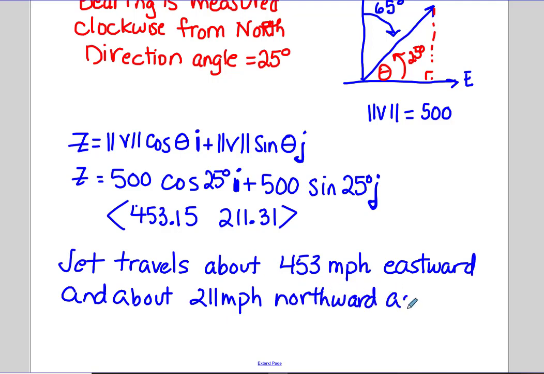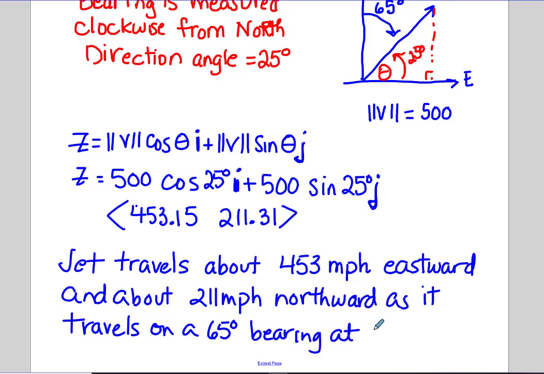And all the while it's traveling 500 miles per hour on a 65 degree bearing. So that kind of puts into perspective what's happening.